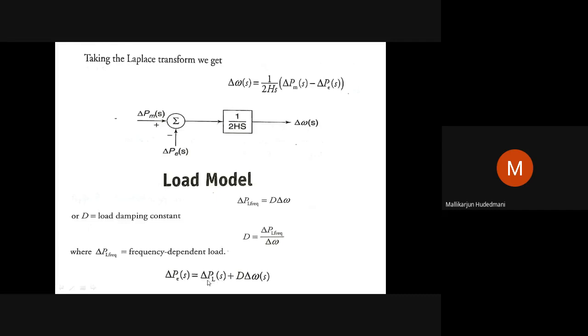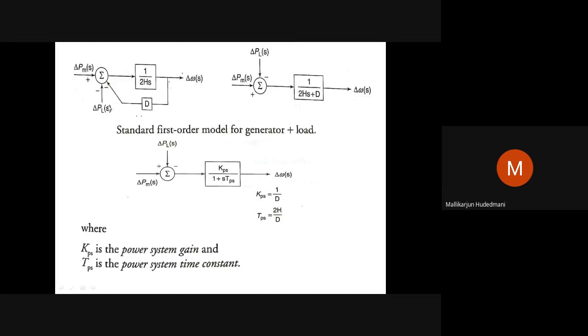One arrow due to delta PL insensitive, another arrow sensitive to the load with the frequency variation via the ratio D. Then this diagram needs a modification. This is what we have seen in the earlier interaction. So delta PM, the small mechanical supplement for any change to be addressed. For a change in demand, one is delta PL insensitive to the frequency, and the other is delta omega and D to the bed.